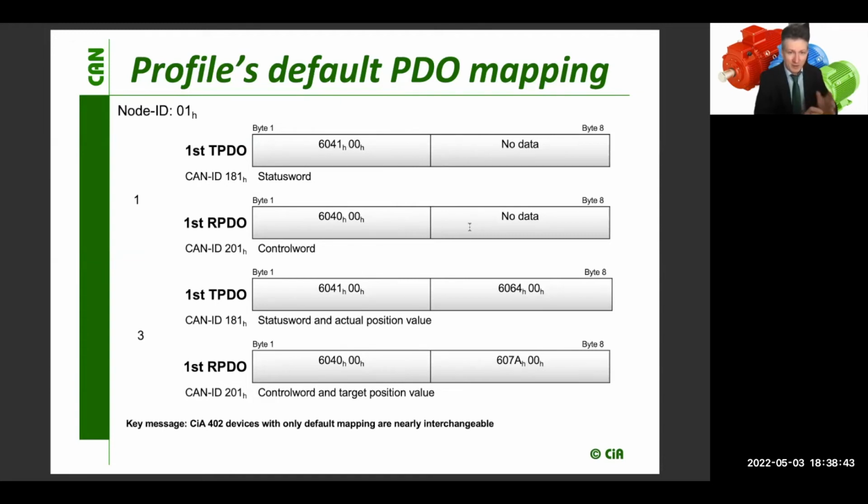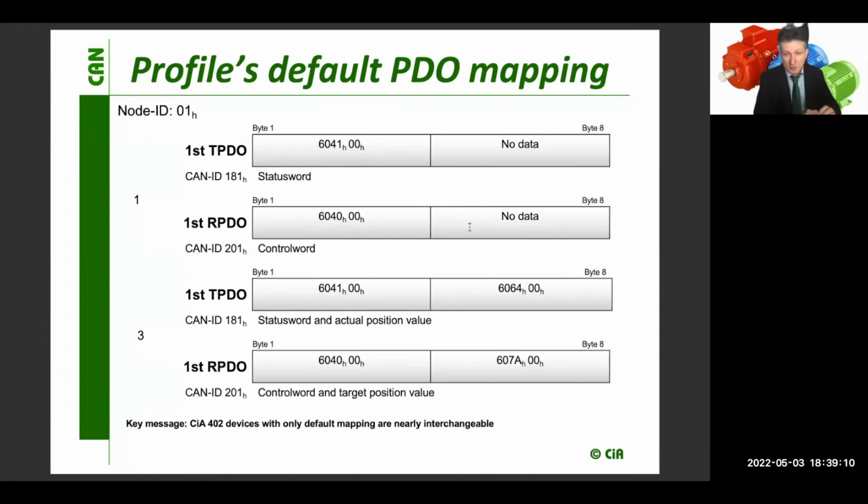So you have process data 1 and process data 3, two variations. The first one includes only one transmit PDO or a corresponding receive PDO, just transmit control word, receive control word, and transmit status word of your drive. That's all. No forward data is necessary.